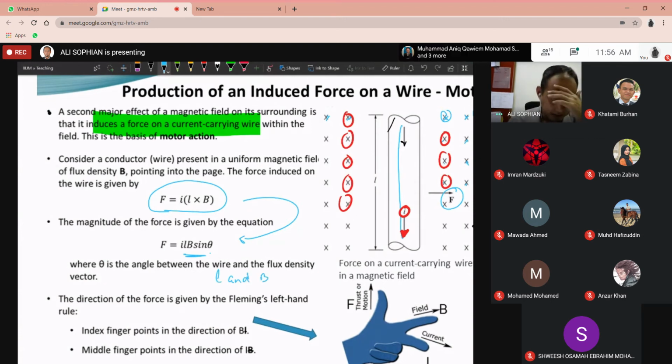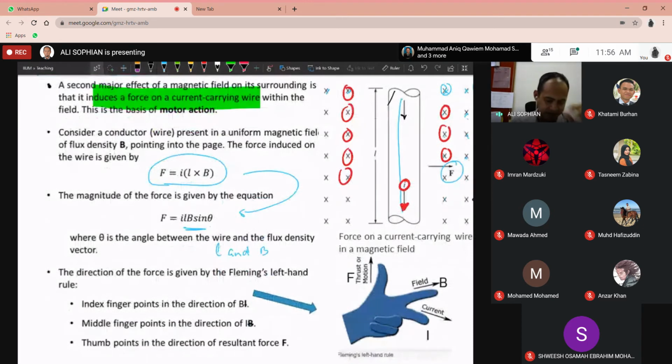Right. Okay. Now, the direction of the force is given by Fleming's left-hand rule. So you need to use your left hand. Let's see if I can show it on the screen. Is it seen as left hand on your screen? Because sometimes the camera will flip it over. This is my left hand. Yes, okay, good. So you've got FBI. Just remember all this American agent, FBI.